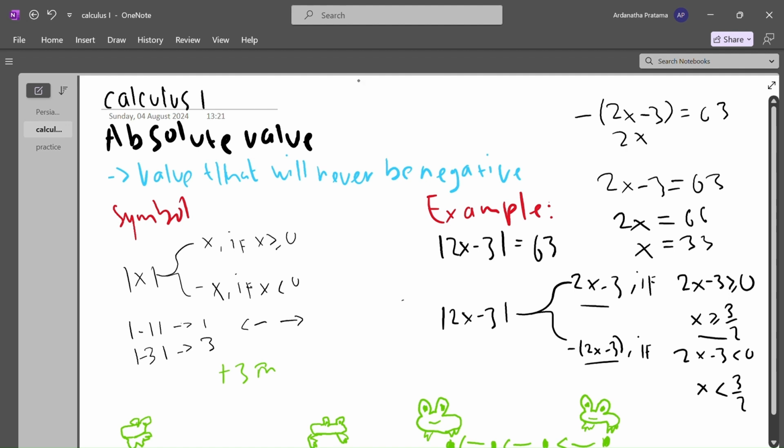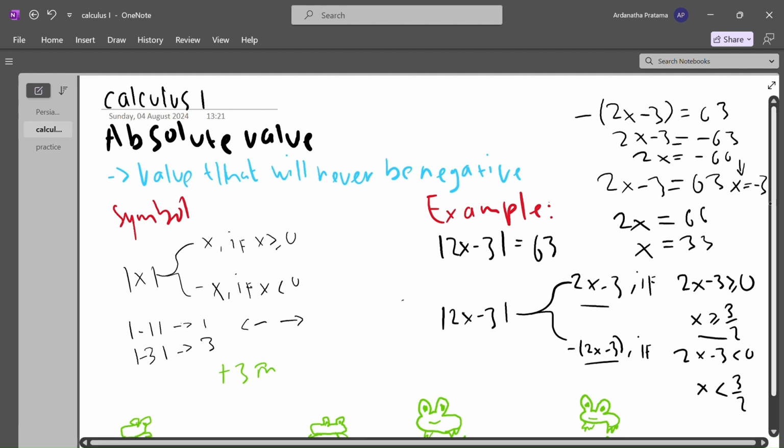So we have 2x minus 3 equals minus 63, and 2x equals minus 60. So x equals minus 30. Yes, minus 30. So we have x equals 33 and x equals minus 30.